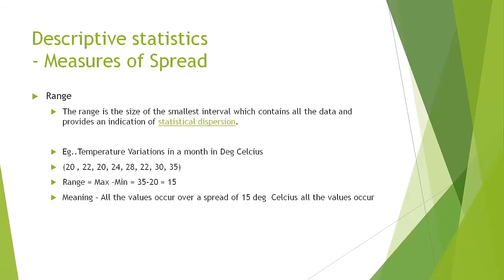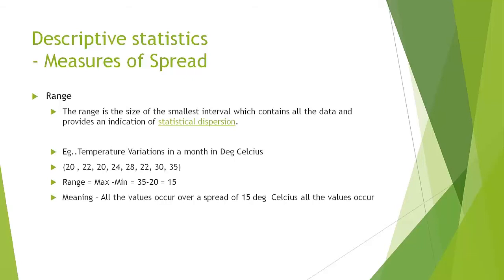Range is a measure of spread. What is a range? It is the smallest interval which contains all the data. Yesterday I was mentioning an example where the scores of 100 students in an exam, the lowest is 40 and the highest is 100.